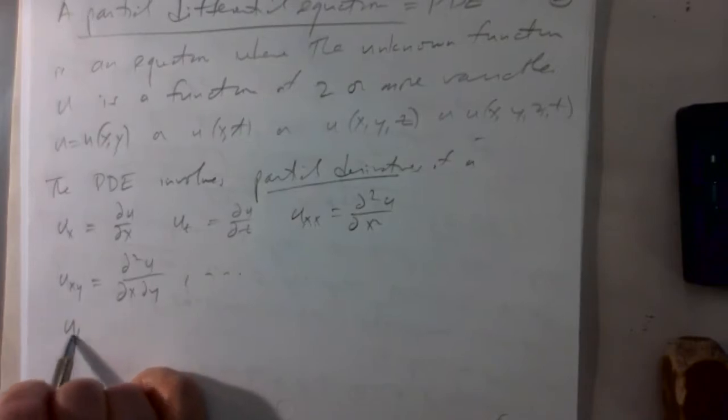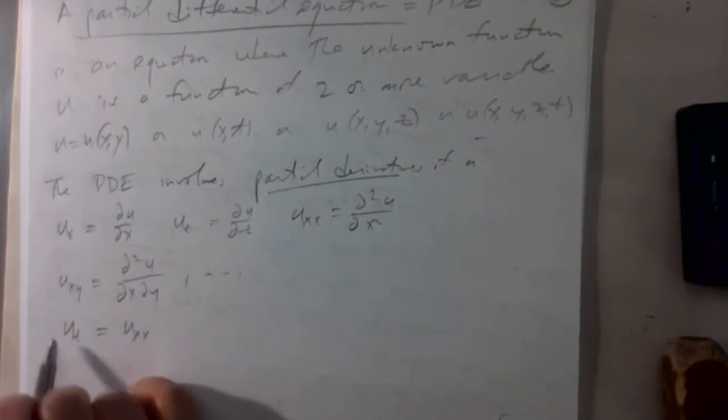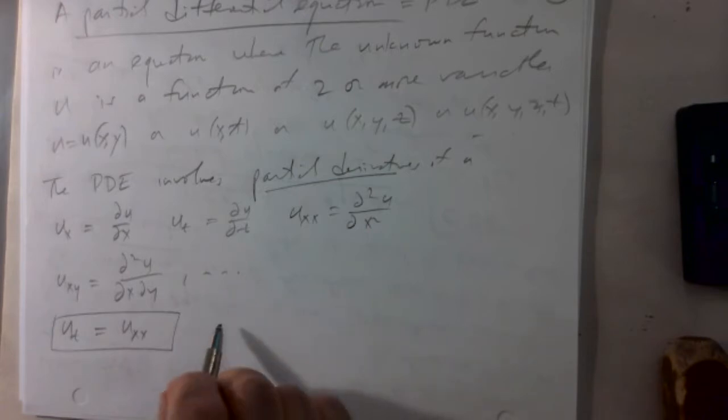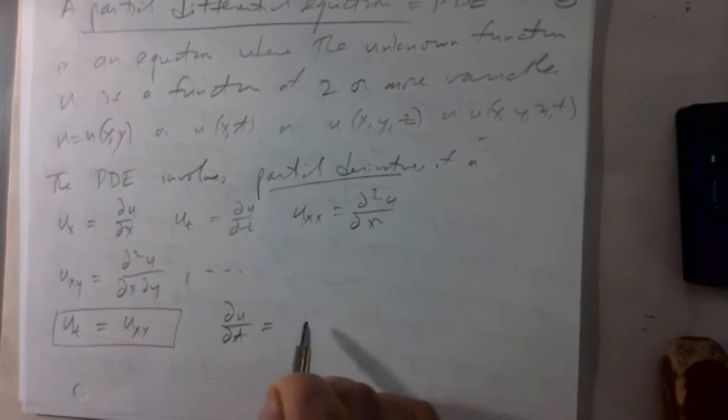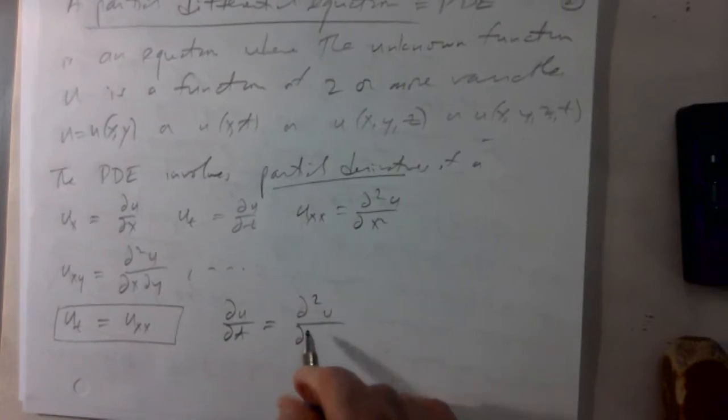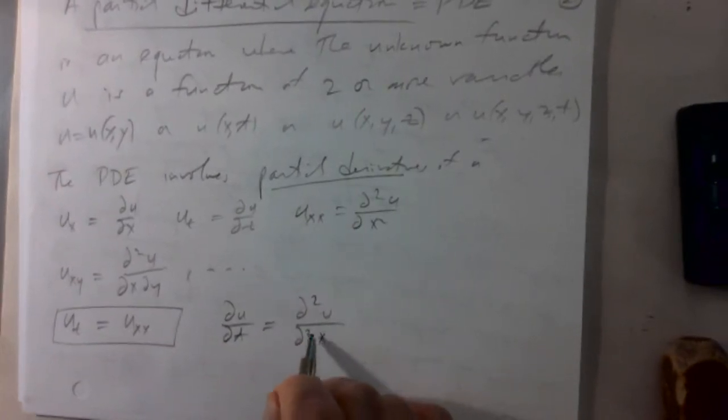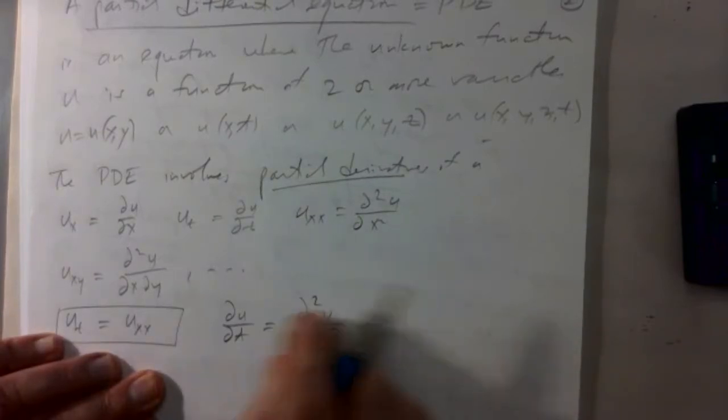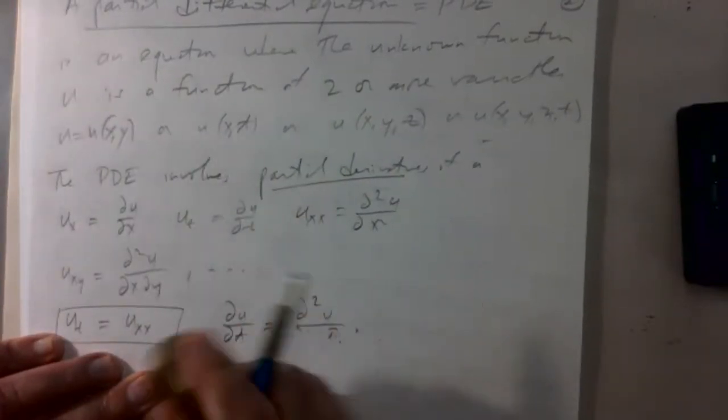So a PDE involves partial derivatives of the function. For example, the equation ut equals uxx. This means we want to find a function u of x and t where the partial derivative of u with respect to t is equal to the second partial derivative of u with respect to x. Differentiate u with respect to x twice.